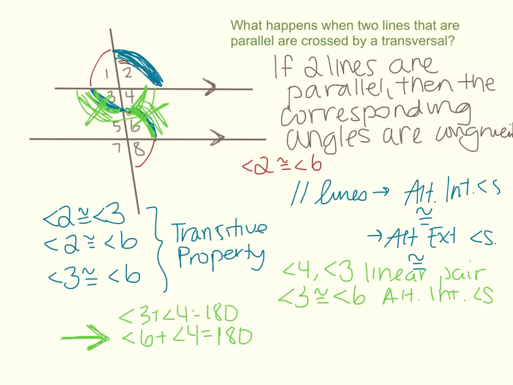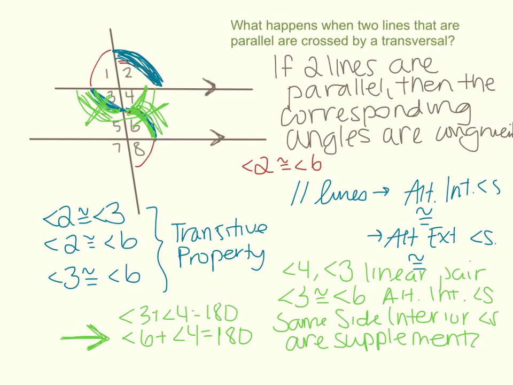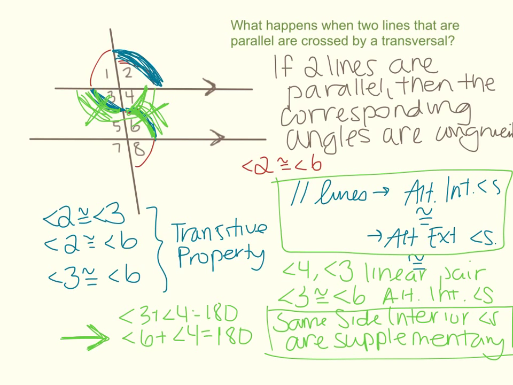That means that same side interior angles are supplementary. All right, so this is important. Okay, you want to remember that, and you want to remember these two. So these three things are very, very important when it comes to parallel lines being crossed by a transversal.